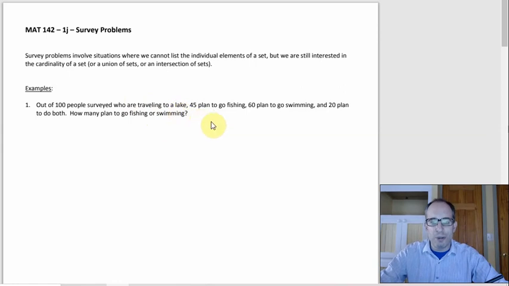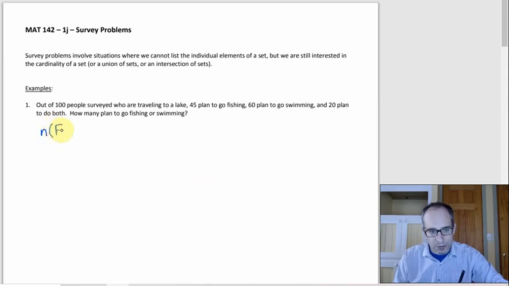So it says, out of 100 people surveyed who are traveling to a lake, 45 are planning on going fishing, 60 plan on going swimming, and 20 plan to do both. All right, so if F is fishing and S is swimming, then we know that the number who are going to go fishing is 45, and the number who are going to go swimming is 60.